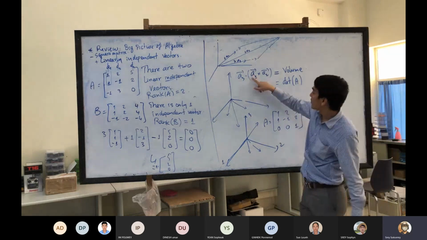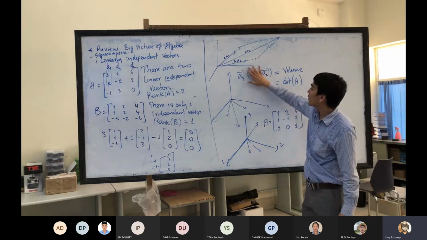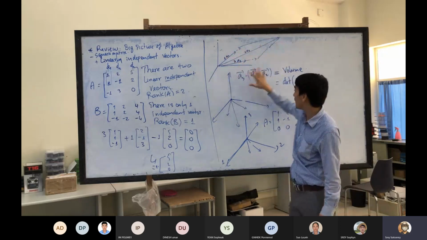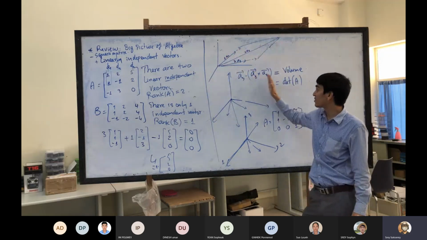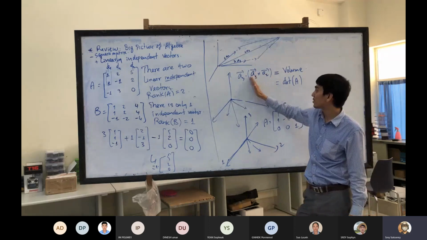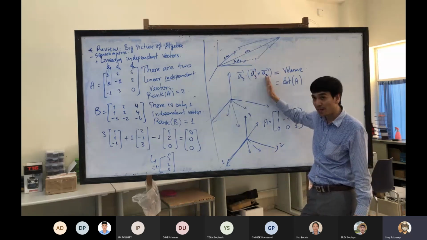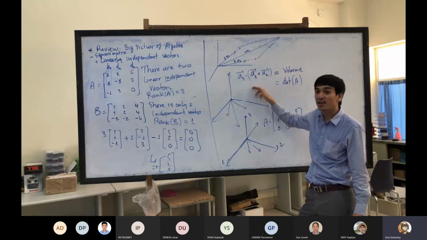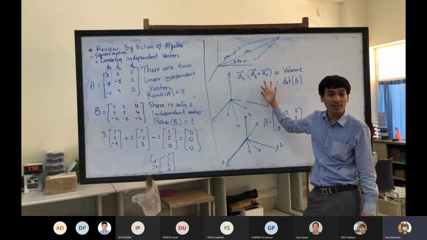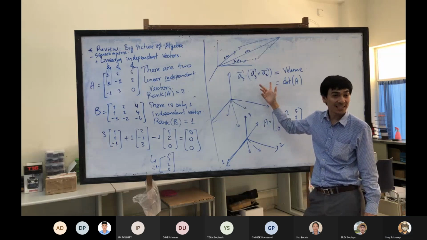Because this cross this, the magnitude is the surface of A. Why is it the surface? Because A1 cross A2 equals the magnitude of A1 times the magnitude of A2 times the sine of the angle between the two. That is the formula of surface.